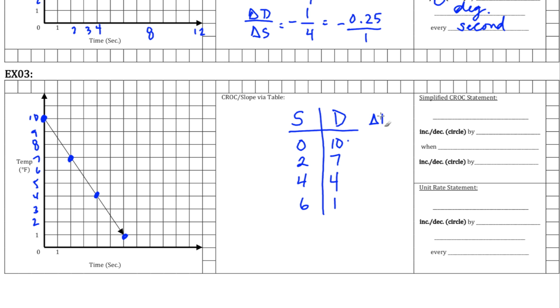Let's talk about the change in degrees in reference to the change in seconds. So the degrees decrease by 3 when the number of seconds increases by 2.